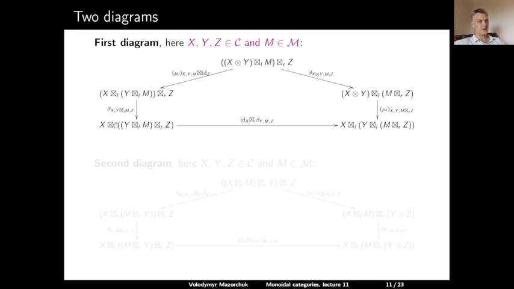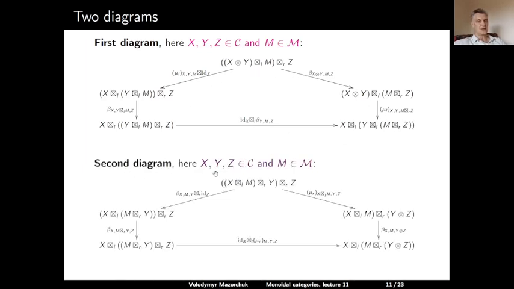So we have x, and we act by it on the outcome of z acting upon the outcome of y acted on m. And here we use beta to move the inner brackets again to the right, and we end up in x acted on y acted on the outcome of z acting on m. So this diagram should commute.